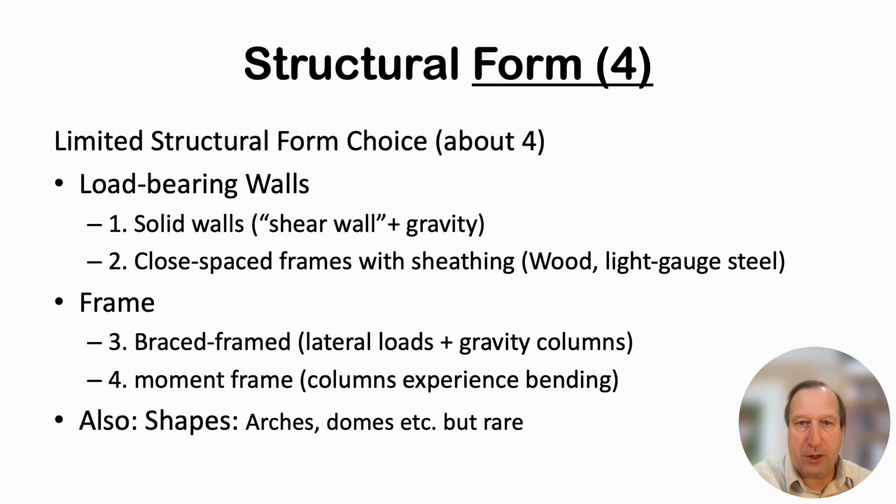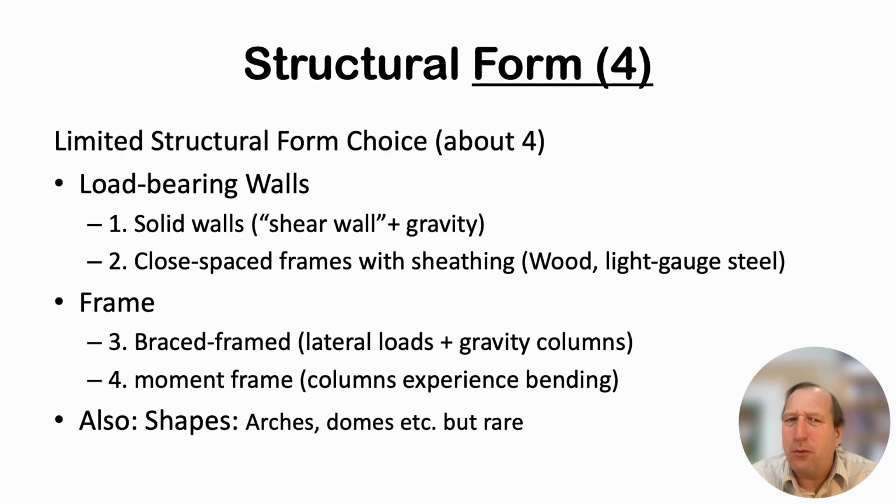The other big category would be framed systems, where we have both frames that are braced to deal with lateral loads, or use moment connections between beams and the columns to form the lateral resistance aspect. And so that's really like 4 categories there, right?